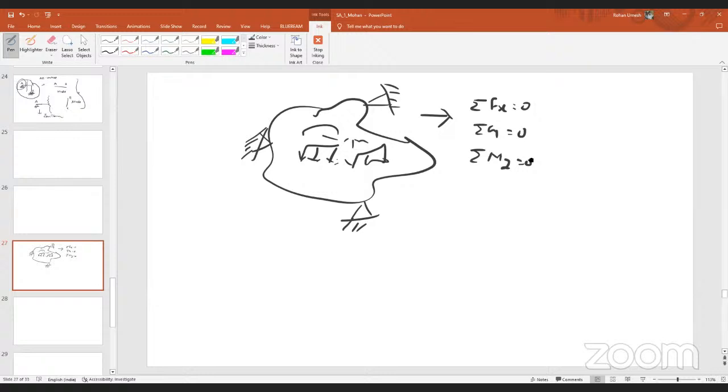So that's why the heart of the problem for structural analysis or even for engineering mechanics is the free body diagram. Very, very, very important. Now, let me tell you how we can solve.